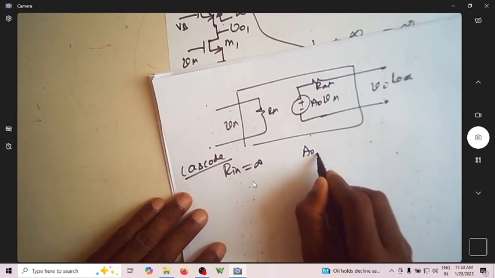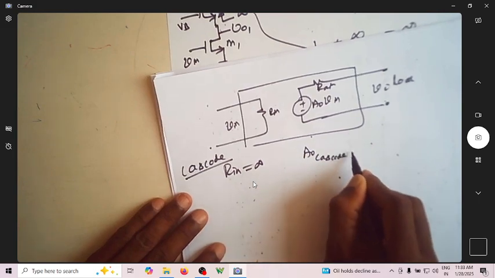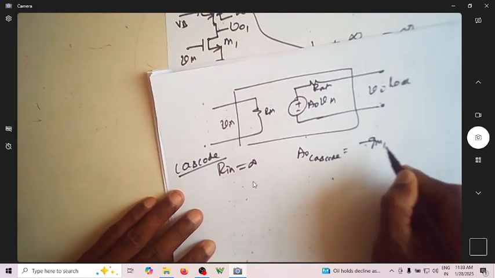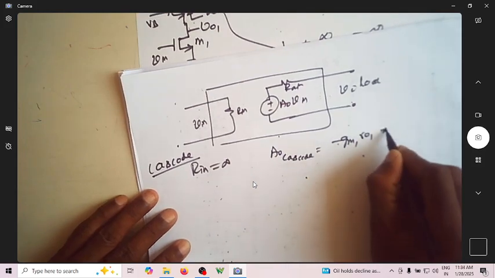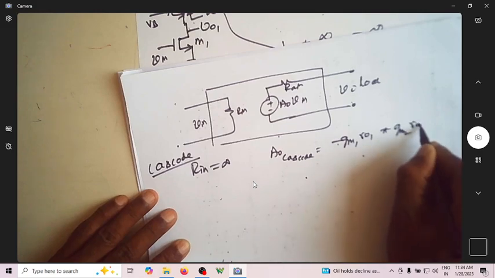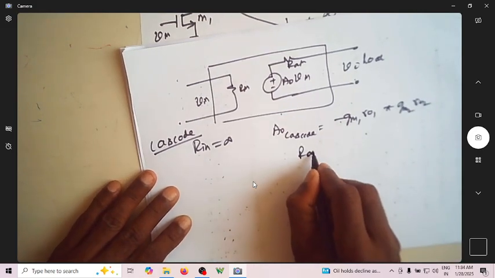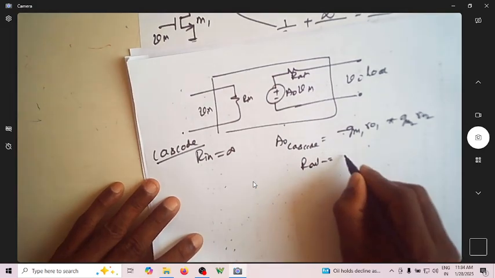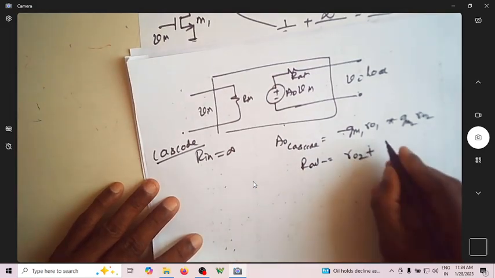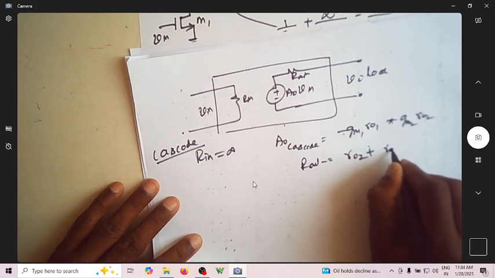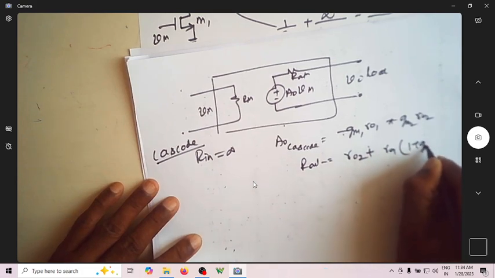So what is A0 of cascode? A0 of cascode is minus gm1 ro1 into gm2 ro2. And what is Rout? Rout is nothing but ro2 plus ro1 into 1 plus gm2 ro2.